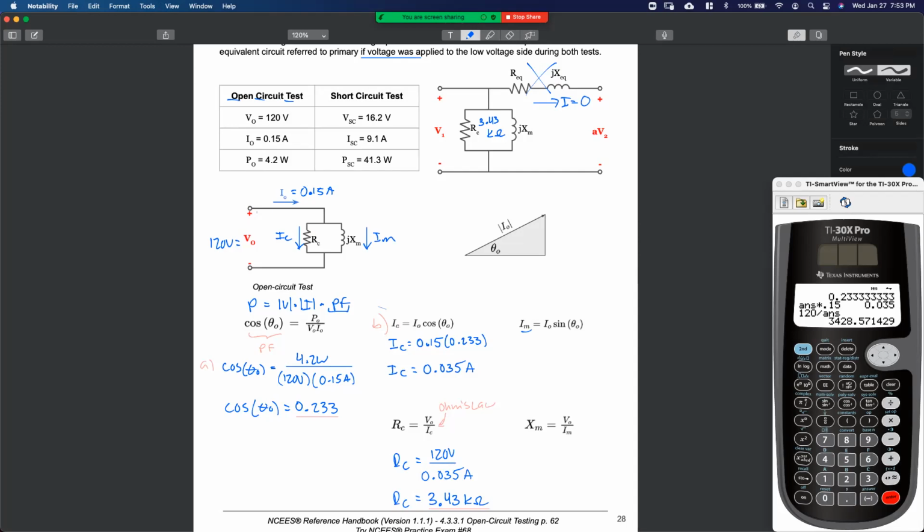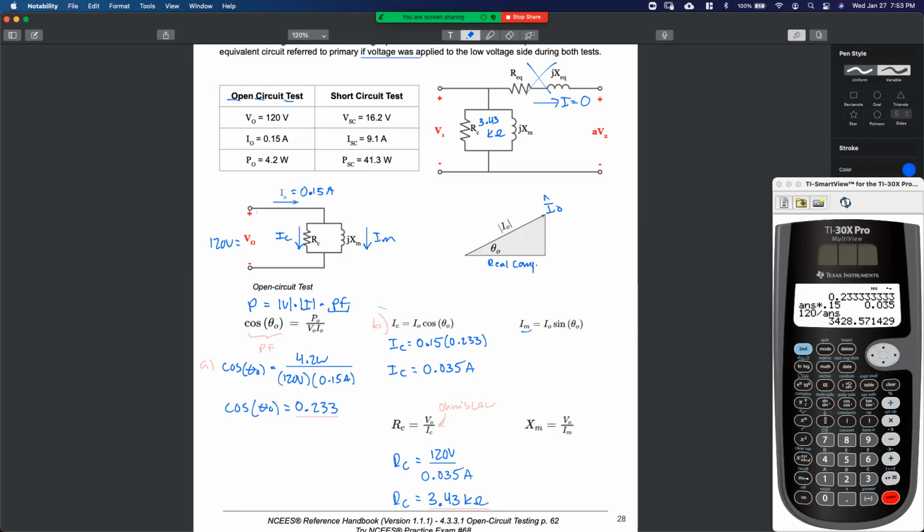So it would be KCL if we knew the different angles, right? But we don't know the angles yet. How about this? Look at this phasor diagram. Here's complex I of O. Here's magnitude I of O. Here's the real component of I of O, right?